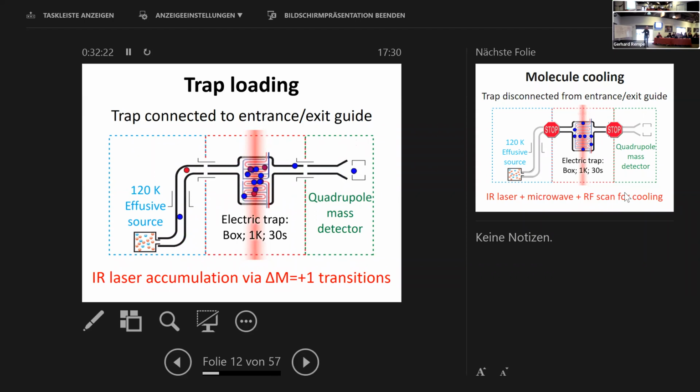Some of them come out at some point, and a steady state is reached after some time, sometimes after 30 seconds or so. Molecules come in, molecules come out, but because of this pumping laser, the molecules that come out are in different states from the molecules that go in. That's how you can imagine the filling of the trap works.